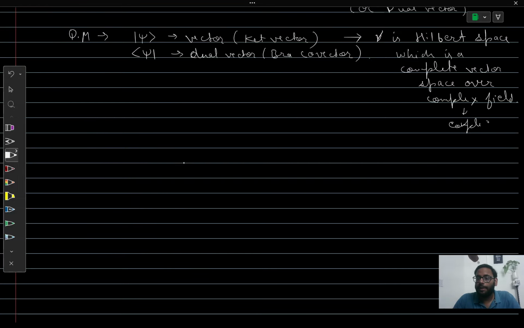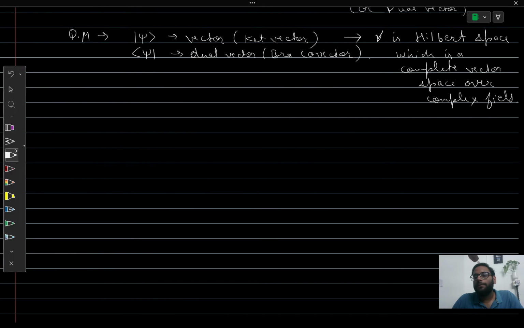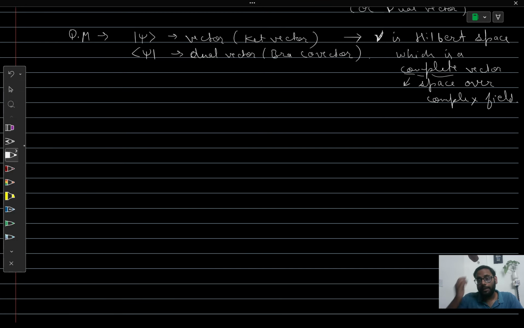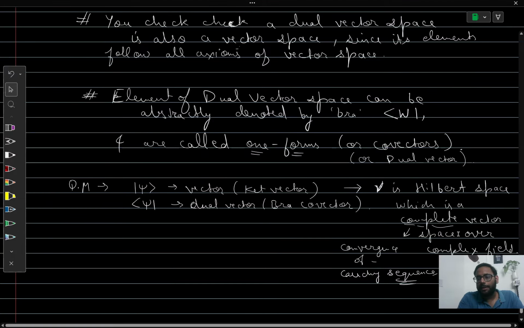You have studied complex numbers. Let me erase this. Complete here means, you can study this in your book, what is the meaning of complete? It is actually the convergence of Cauchy sequence. You can define a Cauchy sequence and it should be convergent. So this is the Hilbert space, which is a vector space.